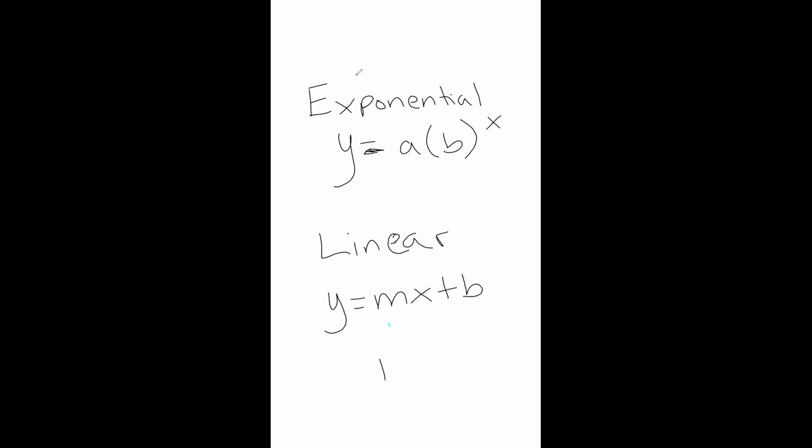All right, let's go back to the questions. I think it was like 5 through 8. All right, so remember, if your equation looks a lot like this, this shows growth or decay.